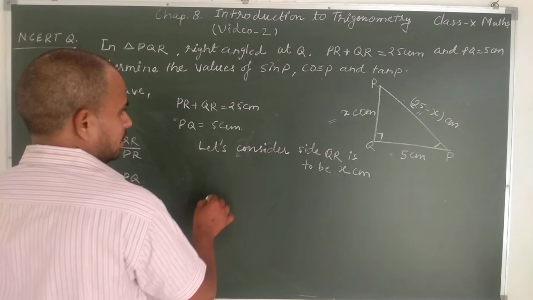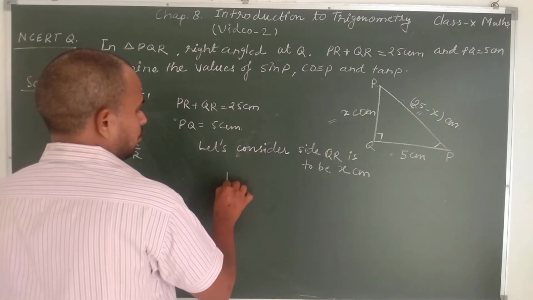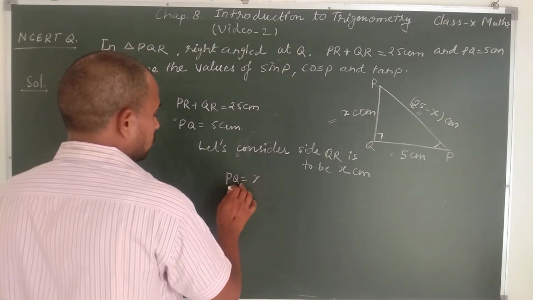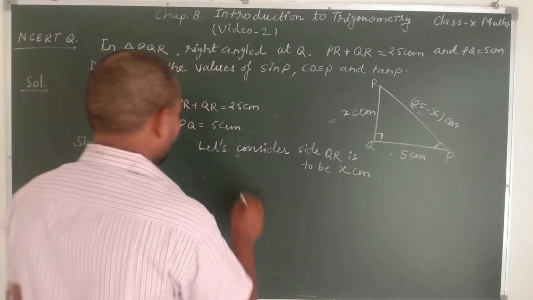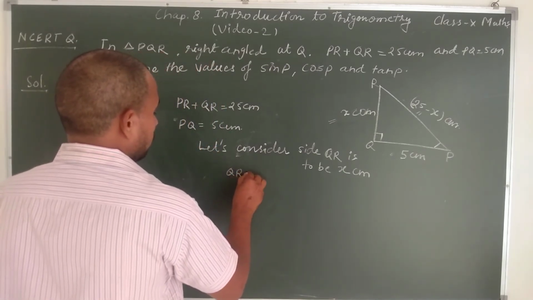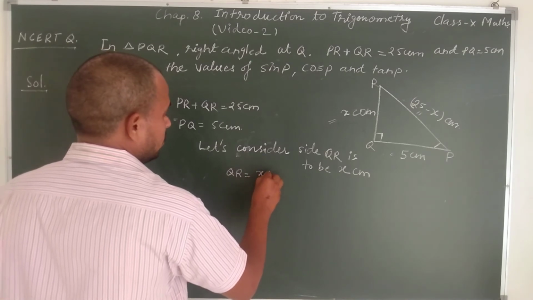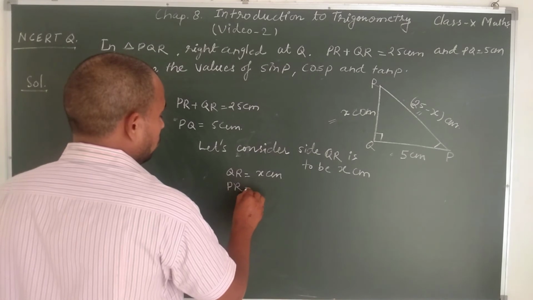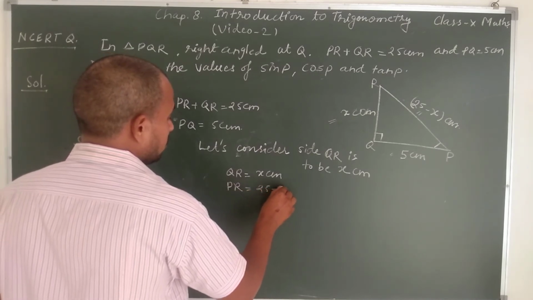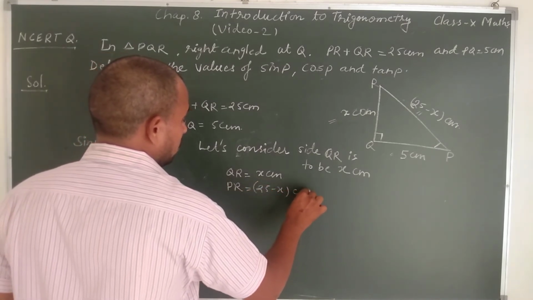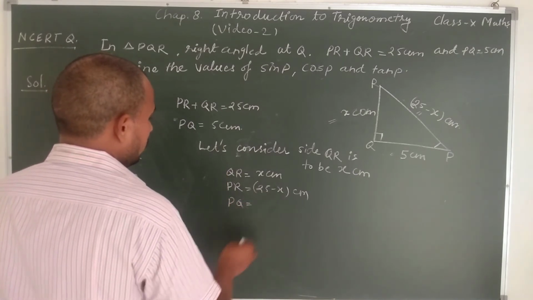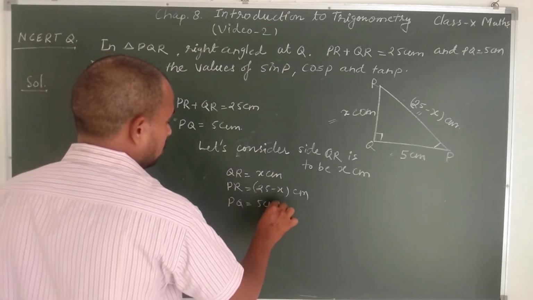So QR is X centimeter, PR is 25 minus X centimeter, and PQ is already known, 5 centimeter.